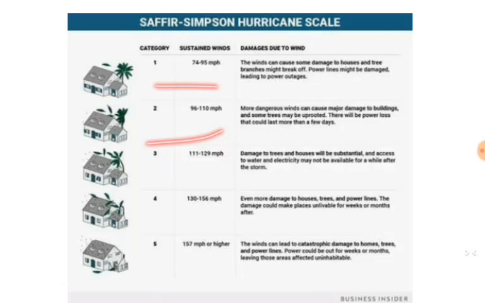So with the loss of power, that is more with Cat 2 up, because the Cat 1 winds are not very strong. Of course they are strong and destructive, but not as destructive as Cat 2 to Cat 5.